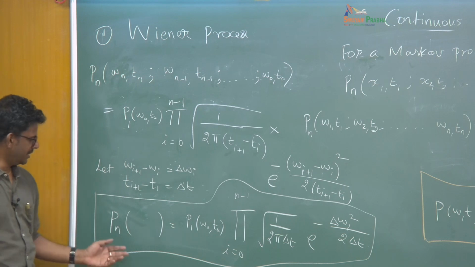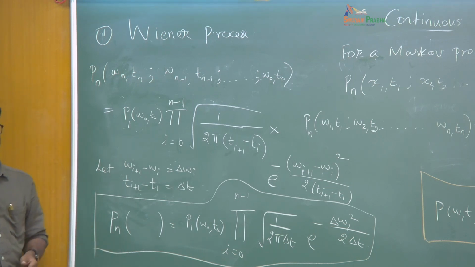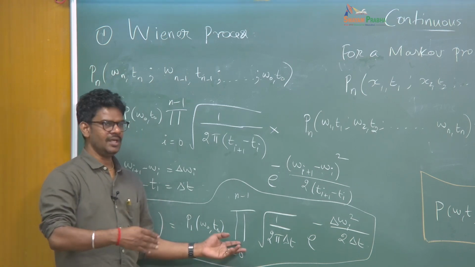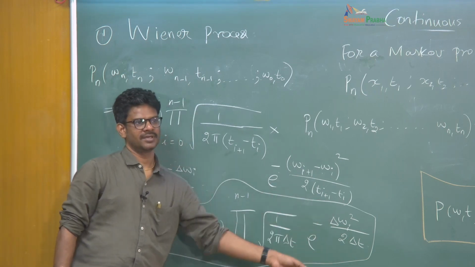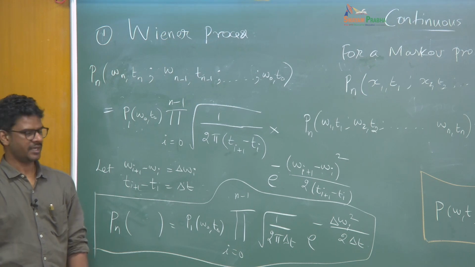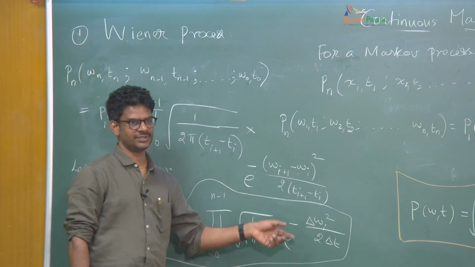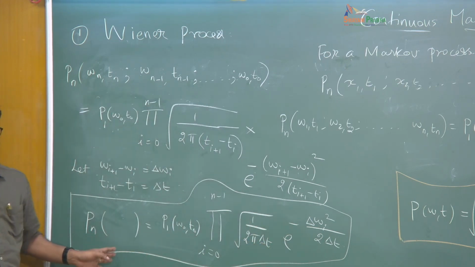So what we are saying here is that the probability of finding a trajectory of a Brownian particle, or a Wiener process, is nothing but you keep adding delta w sampled from a Gaussian or normal distribution function. So you choose a delta t, sample delta w from this distribution, and that is what is going to give you the probability of finding the next point.